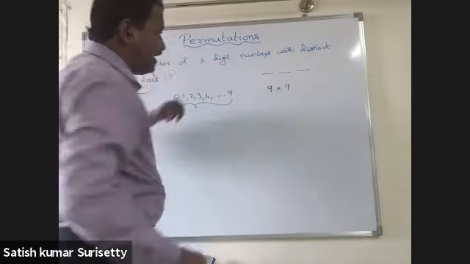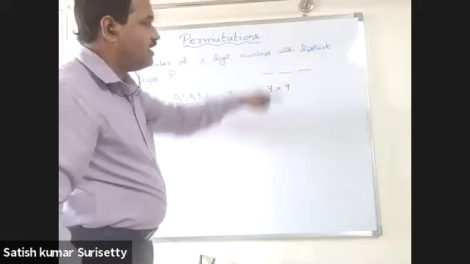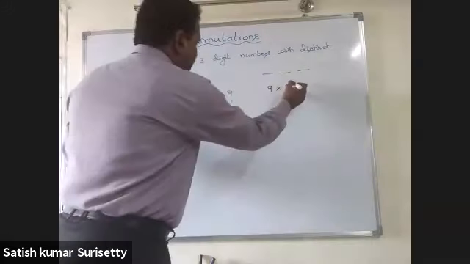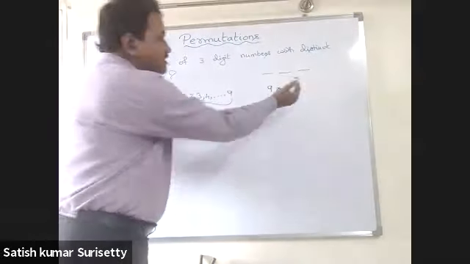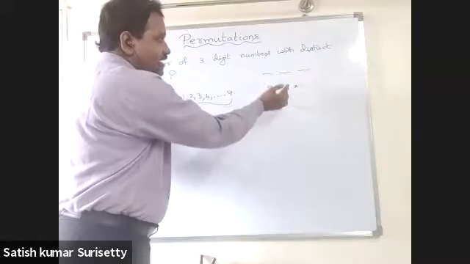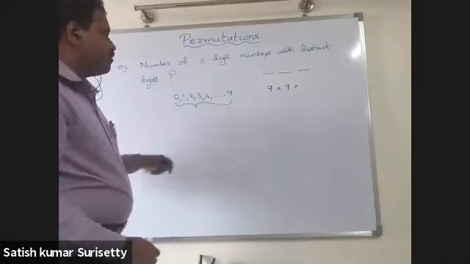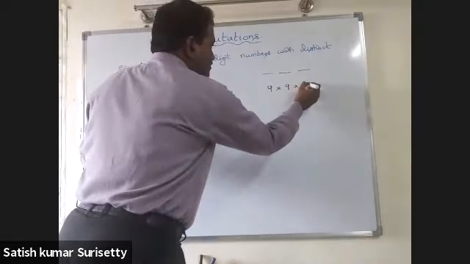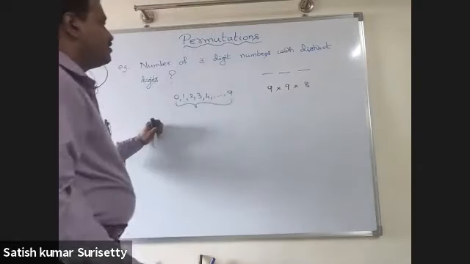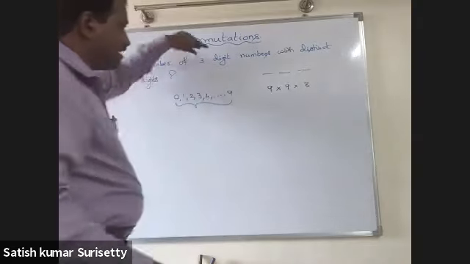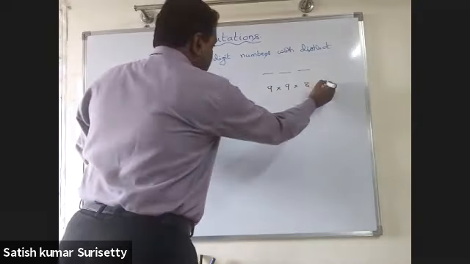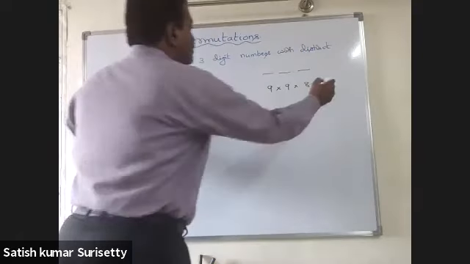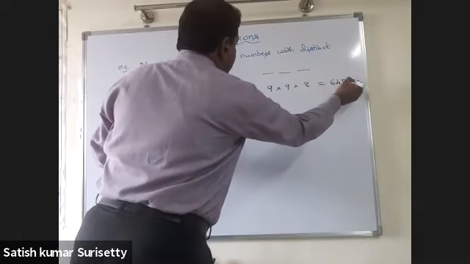Now these two blanks can be filled in 9 into 9 ways. Next, in the third blank 0 can come, but the digits used in the first and second cannot be used. That means 8 possibilities. So the total number of 3-digit numbers with distinct digits will be 9 into 9 into 8, which is 648.